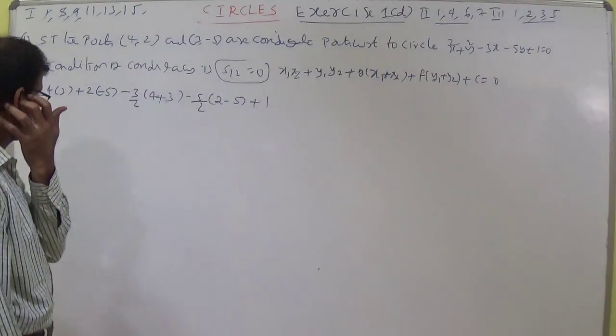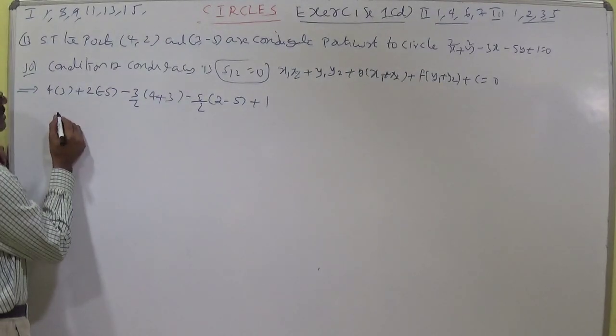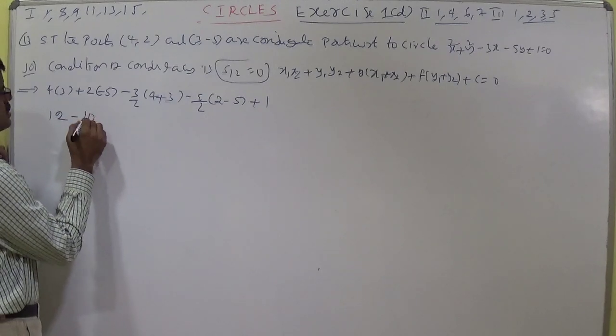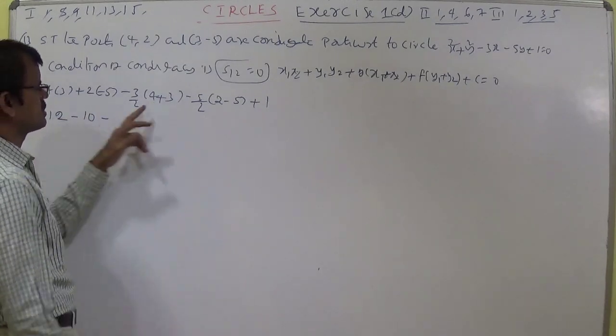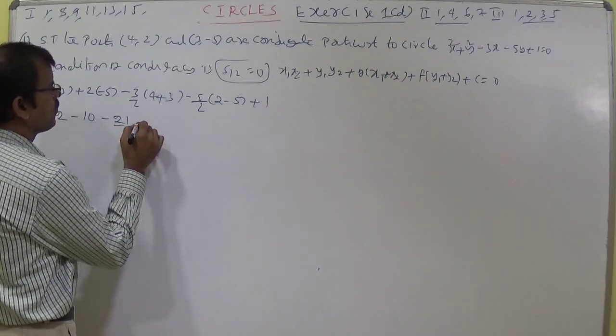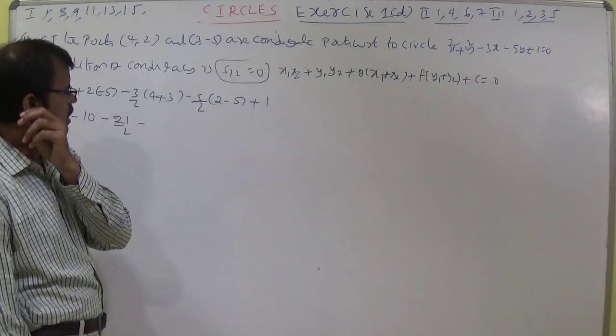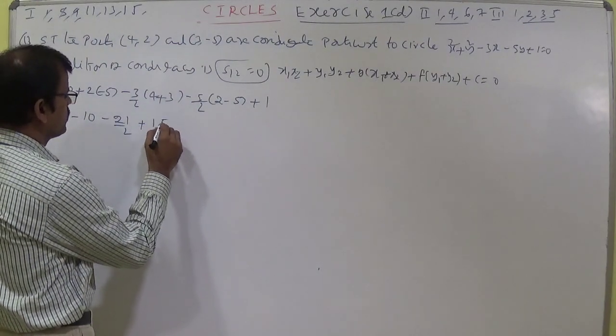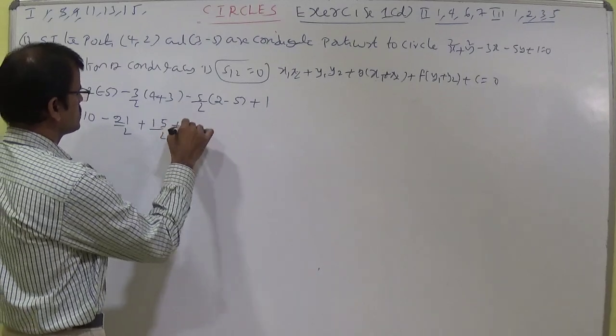It becomes 12 minus 10, minus 21 by 2, plus 15 by 2, plus 1.